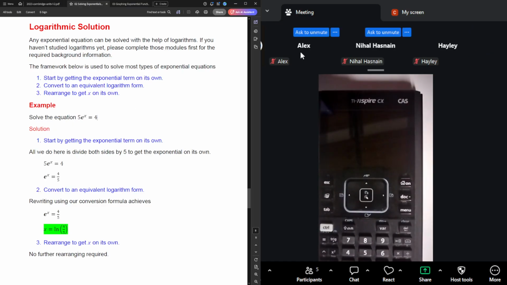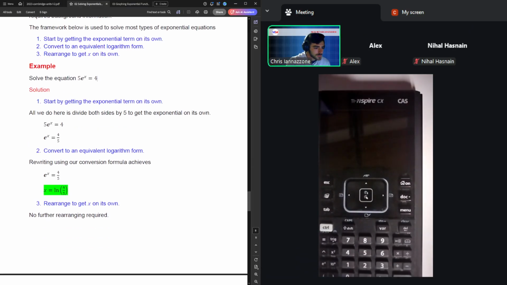If you guys haven't covered that yet, we'll go into more detail on that in a later lecture. But for those who have, all we're simply doing is starting by rearranging it to get the exponential term on its own. So rather than having 5e to the x equals 4, you now have e to the x equals 4 over 5.